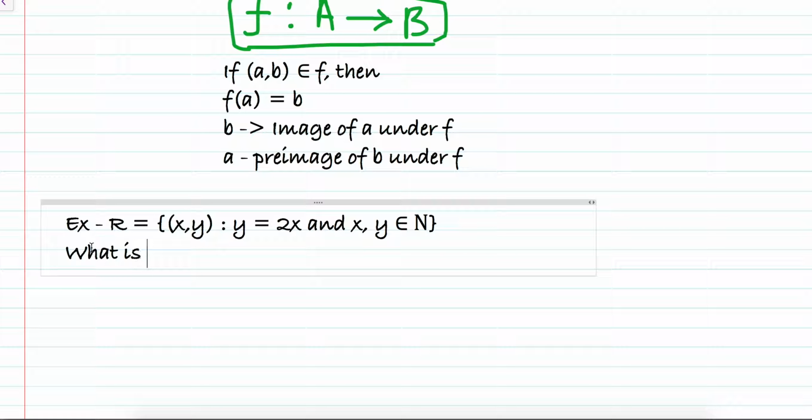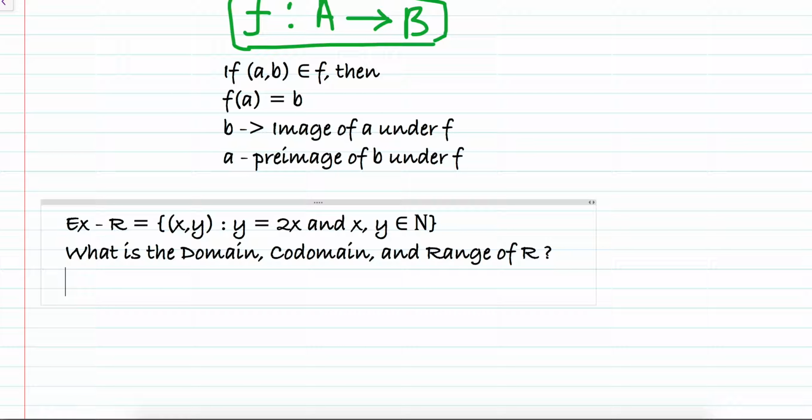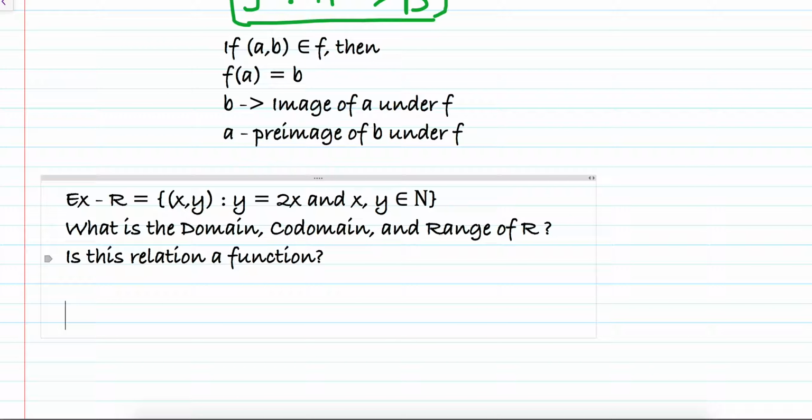So what is the domain, codomain, and range of relation R? So this is one question, and the second is: is this relation a function? So I have taken this example from the NCERT textbook.